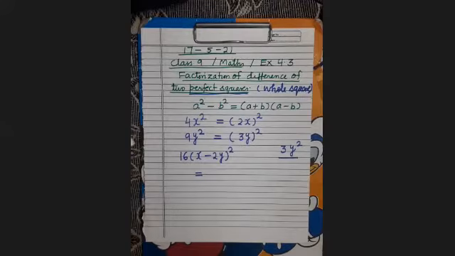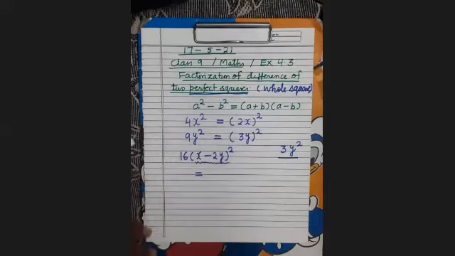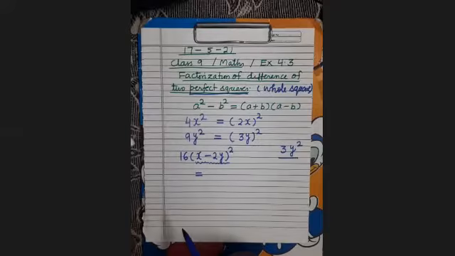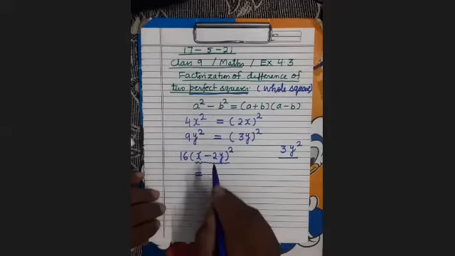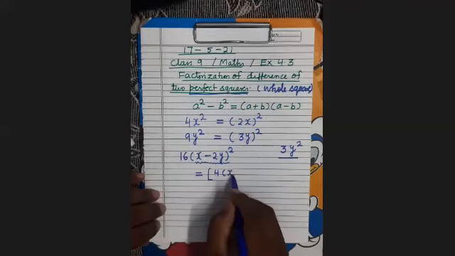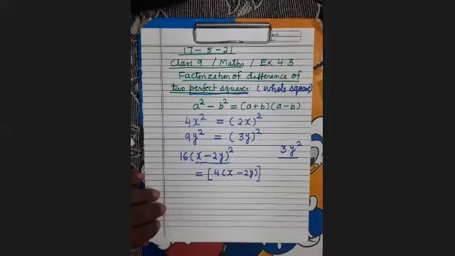This much part is written in the square form, but 16 is not written. So how will you write it? So हमको मालूम है 16 किसका होल स्क्वायर होता है? 4 का. So you write down 4 into x minus 2y whole bracket close whole square.